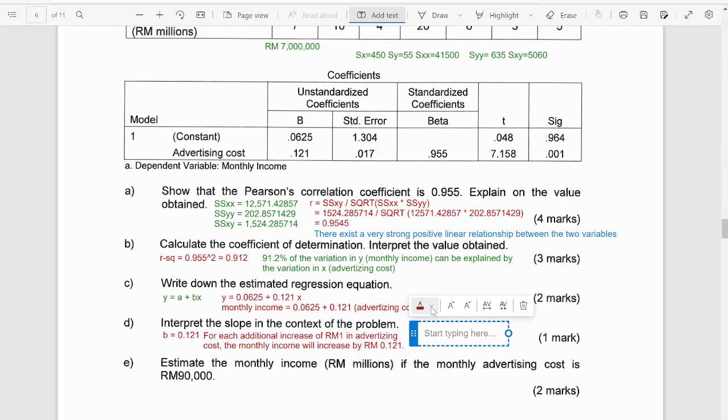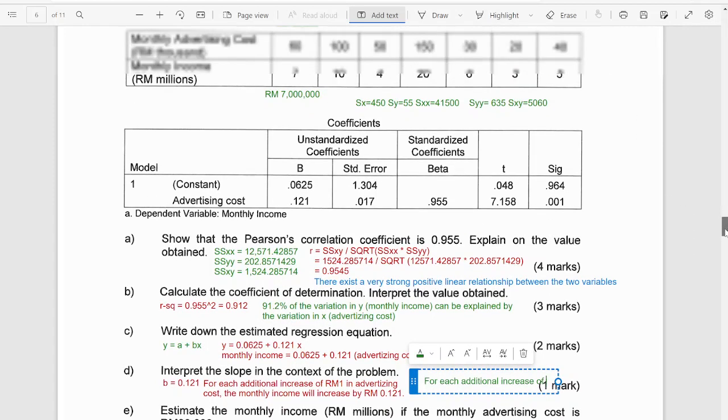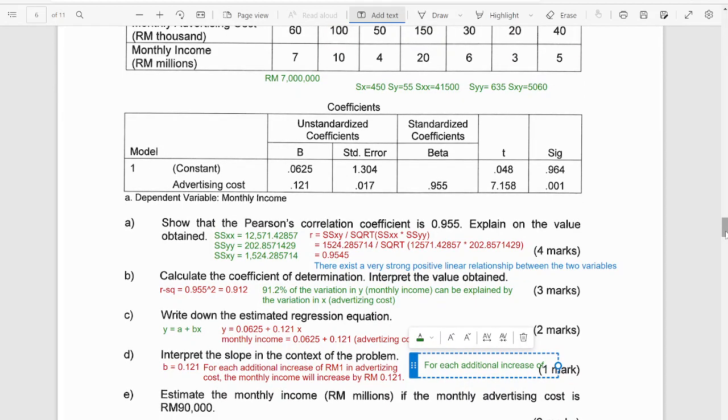Again, saya gunakan perkataan yang sama juga, cuma saya ubah dia punya nilai. So for each increase of, okay, tengok unit dia apa? Unit untuk advertising cost adalah 1000, right?